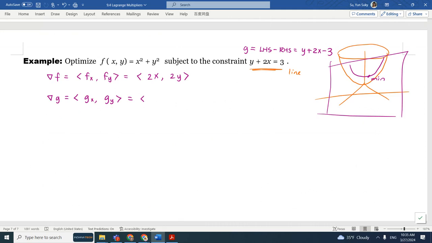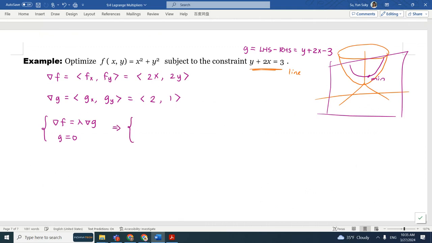And how about the derivative with respect to y? 1. Is everybody okay with that? Alright, system: gradient of f is lambda times gradient of g. And also g is 0 because it's on the constraint.